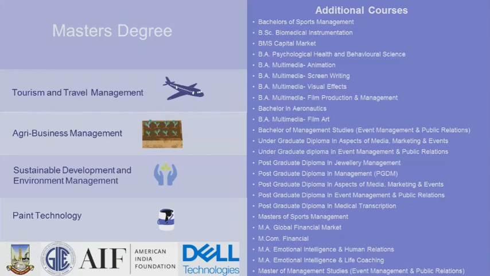Some of the main jobs you can do after the course on multimedia film production and management are director of a film, producer, editor, cinematographer, the one who shoots the film, lighting and technician. So there are a lot of options for this course.